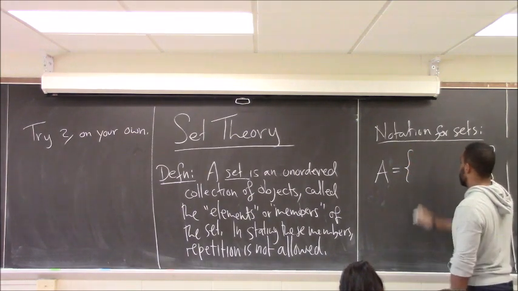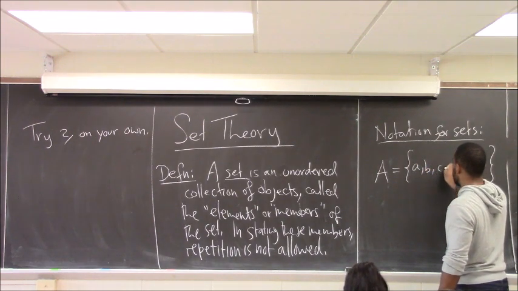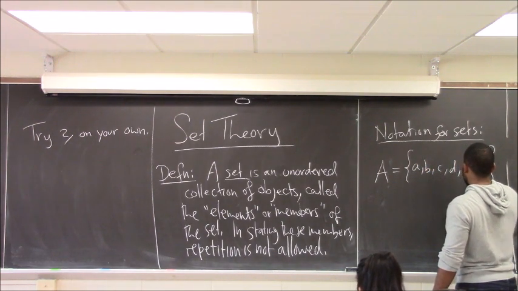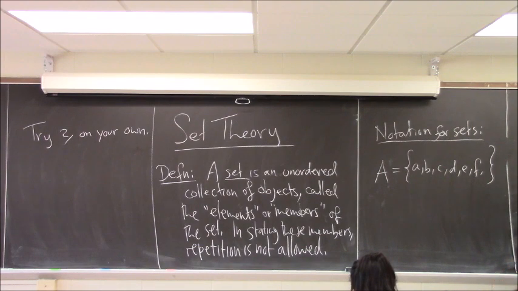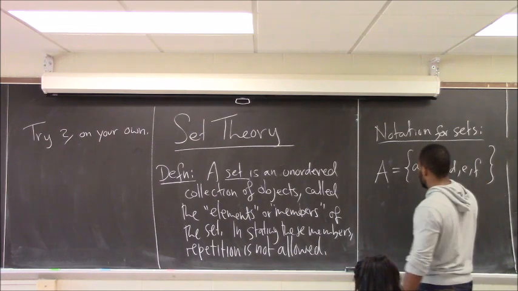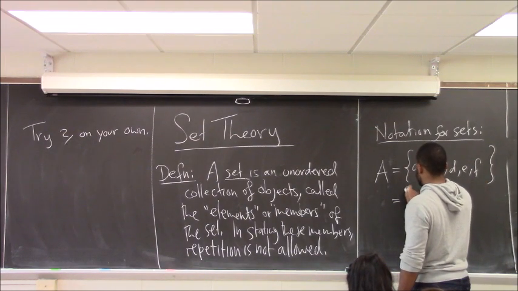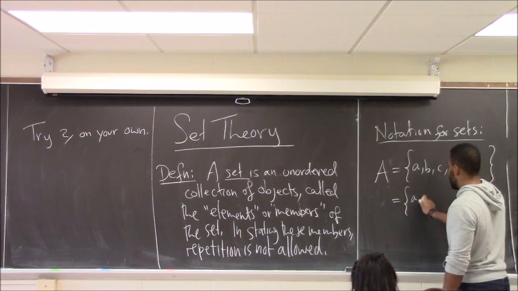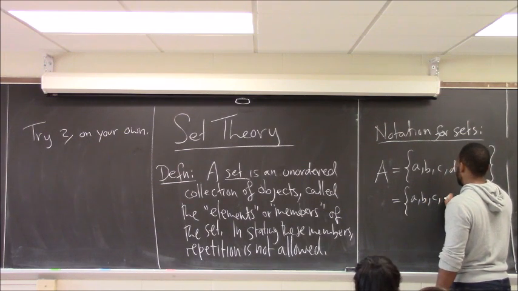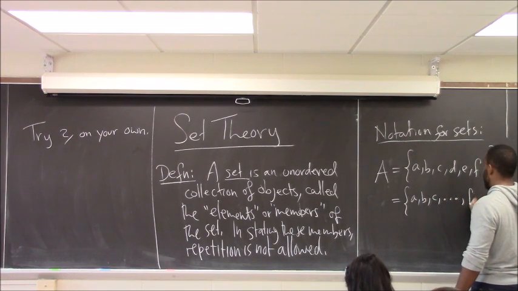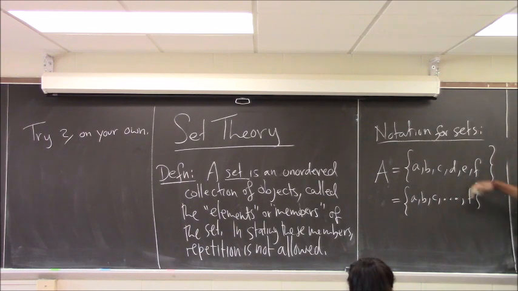So I can have a set called with the elements A, B, C, D, E, F. Okay? That is a set. It has 6 elements in it. Or I can say something like A, B, C, dot, dot, dot, F. We can use ellipses to indicate that there's an obvious pattern that you can follow from this point to that point.